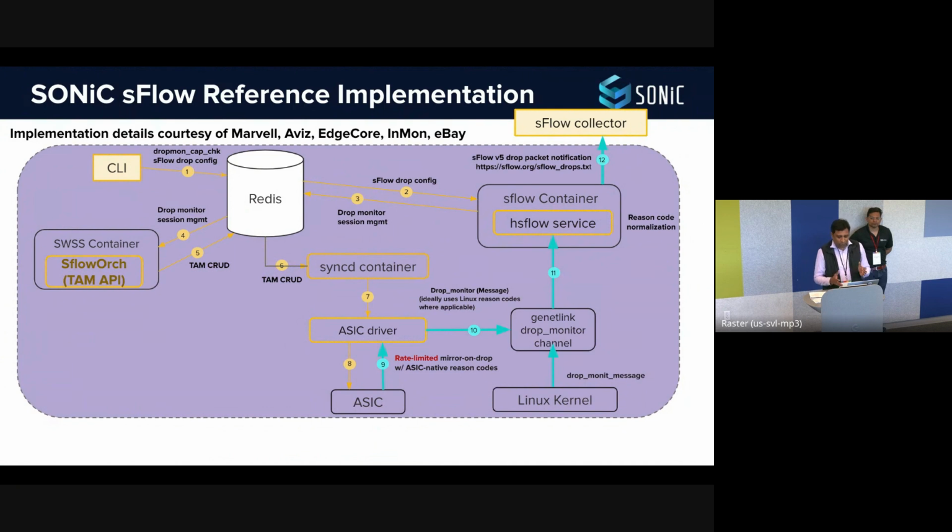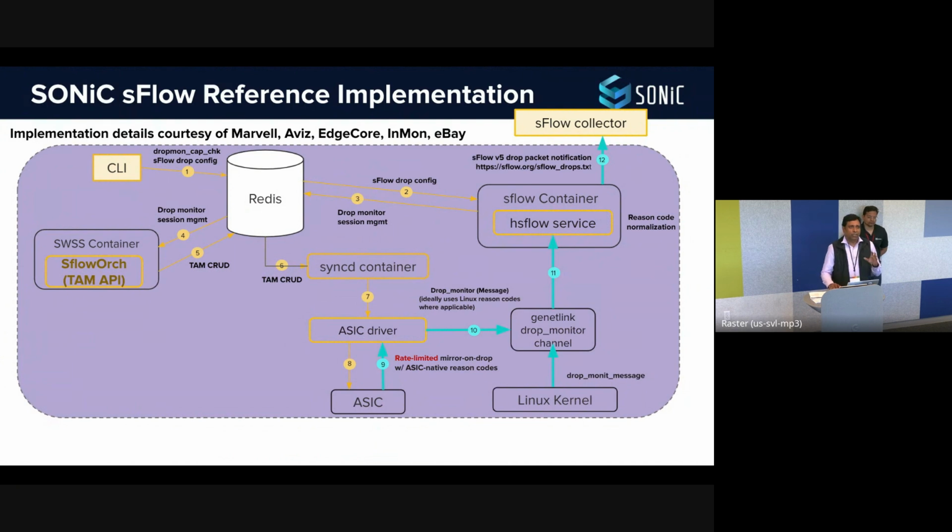It uses a standard channel, which is a Netlink channel, to unify both ASIC drops as well as kernel drops with more context about why, when, and where it is getting dropped, and it gives that to the hsflowd service, which essentially normalizes it into sFlow v5 datagrams and ships it to a collector.